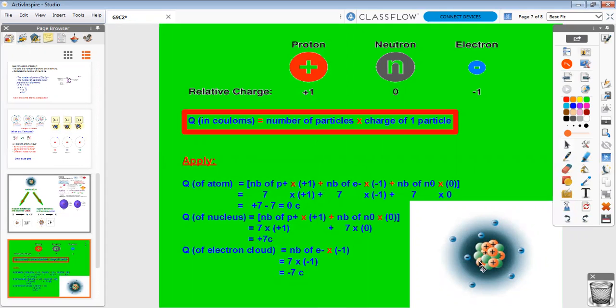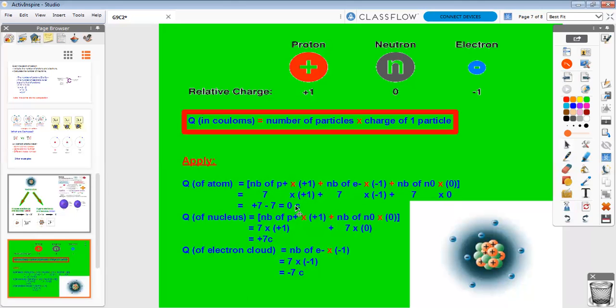For example, in this case, this is an atom having 1, 2, 3, 4, 5, 6, 7 electrons, 1, 2, 3, 4, 5, 6, 7 protons, and 1, 2, 3, 4, 5, 6, 7 neutrons. 7 protons multiplied by +1, 7 electrons multiplied by -1, and 7 neutrons multiplied by 0, which has no charge.